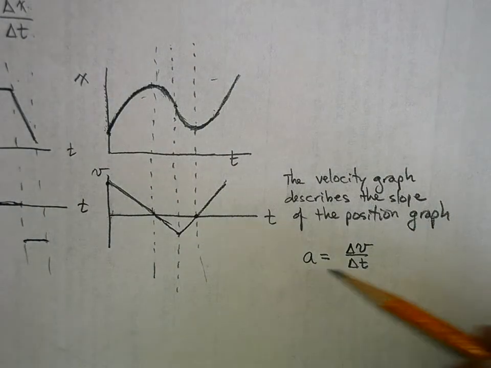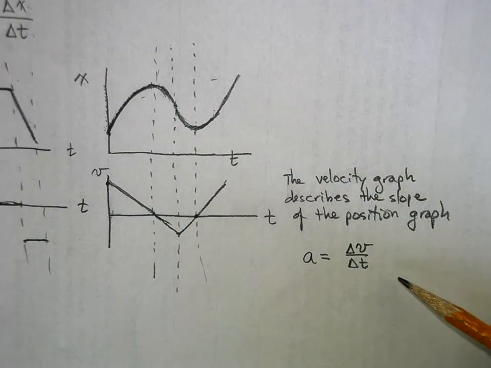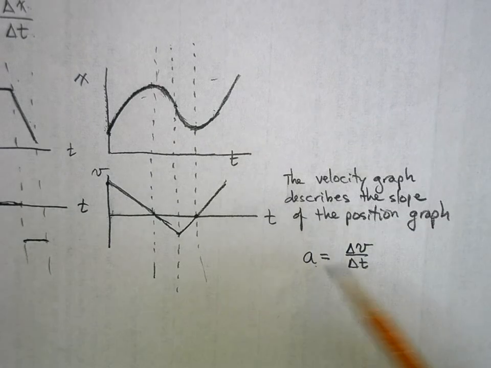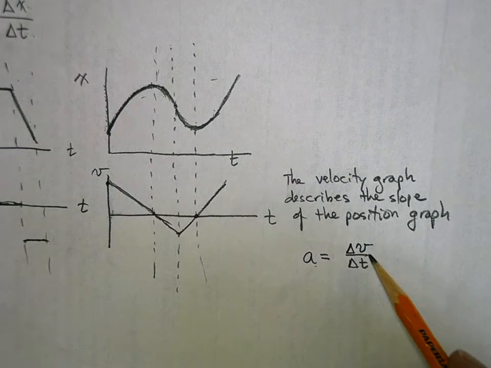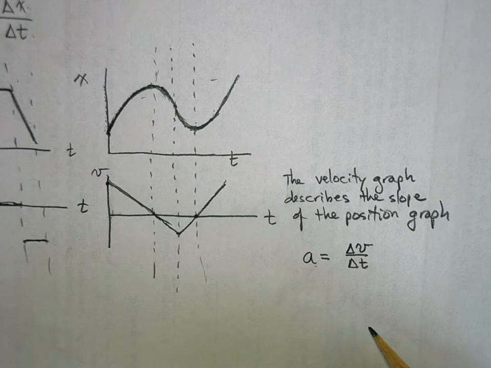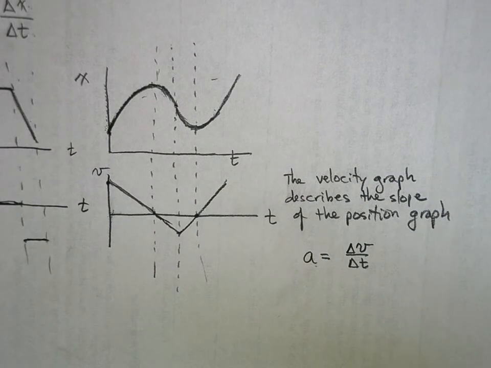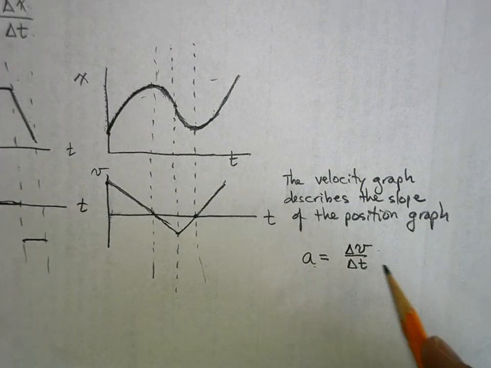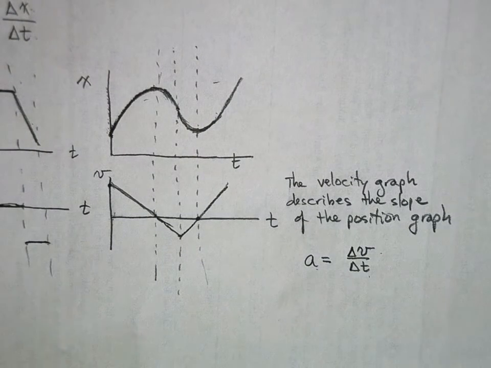This is what we said last time, talking about acceleration. The acceleration is the rate at which I change my velocity. So, in other words, the time it takes to change my velocity by a certain amount. So this is meters per second every second. How much I change my velocity in meters per second every second.